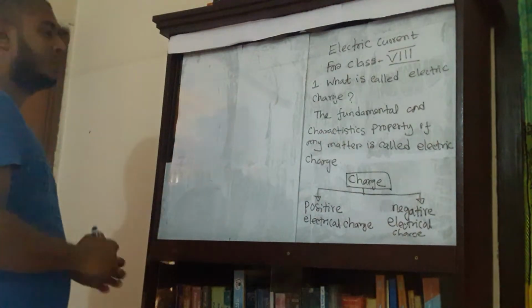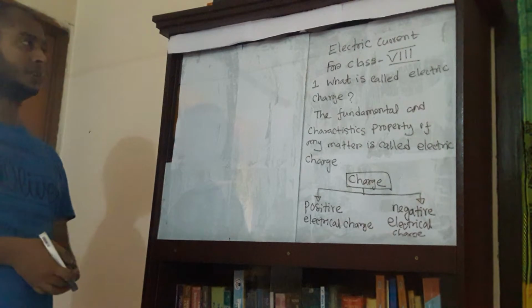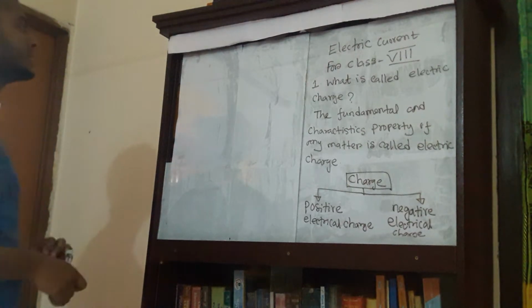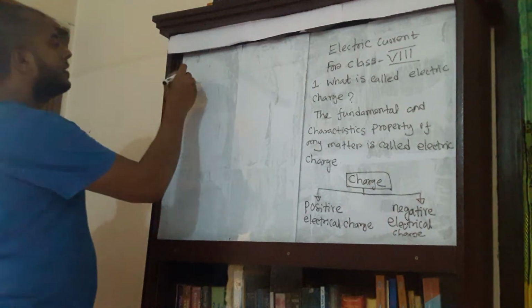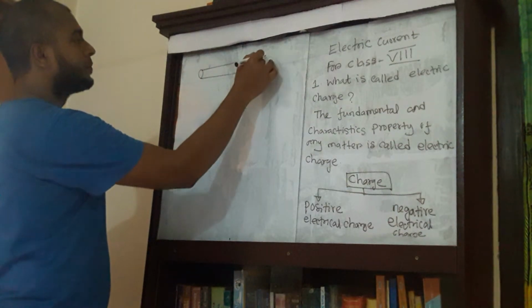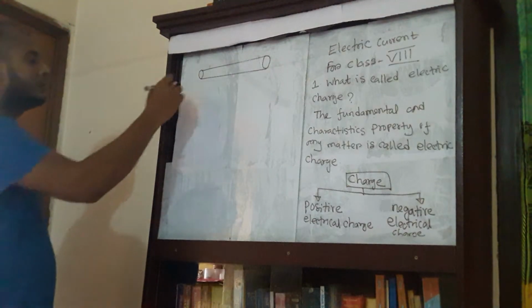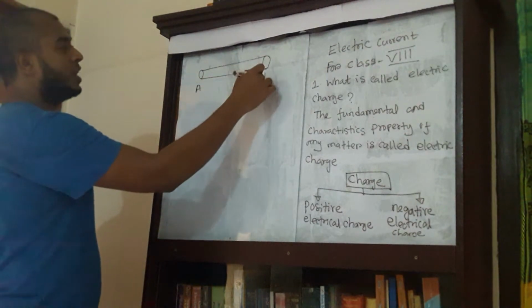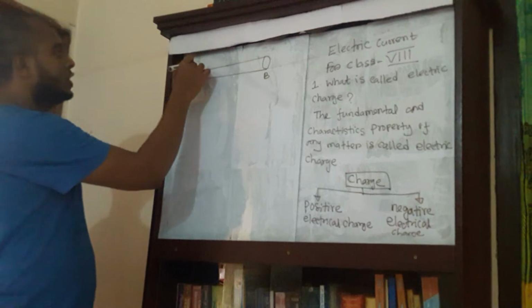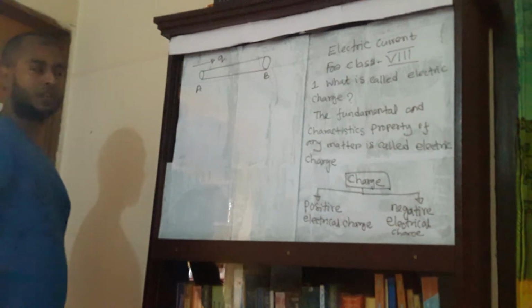Now, my main topic is what is called current electricity. Say, boys and girls, this is an electric wire. And inside the wire, from point A to point B, Q amount of charge is passing in this direction.